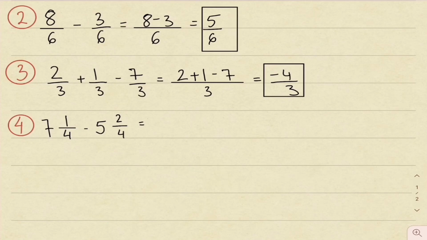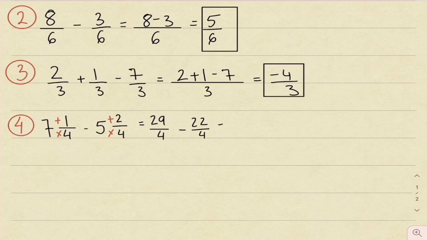We explain everything in detail. So the 4 here is multiplying the 7 and adding the 1, and the 4 here is multiplying the 5 and adding the 2. So I have 4 times 7, which is 28, plus 1 is 29. So 29 over 4 minus 4 times 5 is 20 plus 2 is 22.